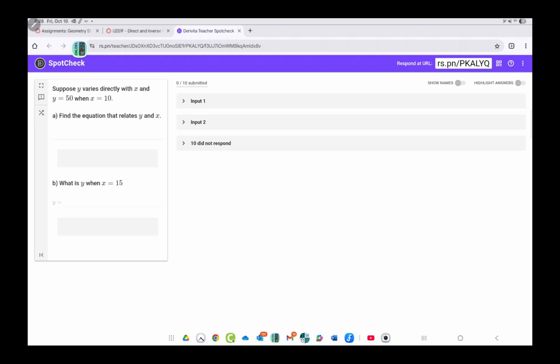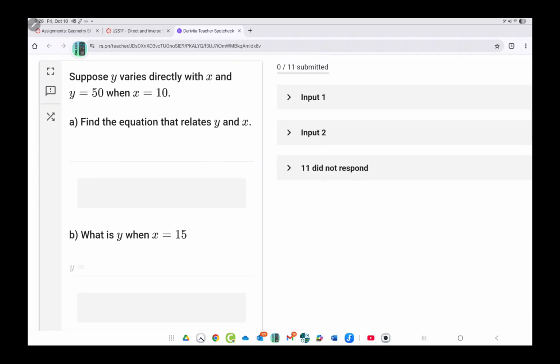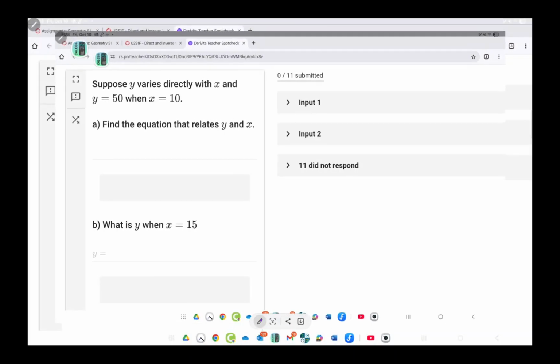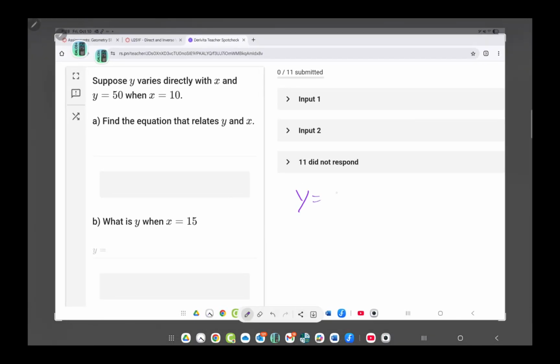So here we are given y varies directly with x, y is 50, x is 10. Now this time they're giving you x, so they want to know what y is. You're going to be using this formula, right? Y is equal to y1 over x1 x. That's the formula you set up.